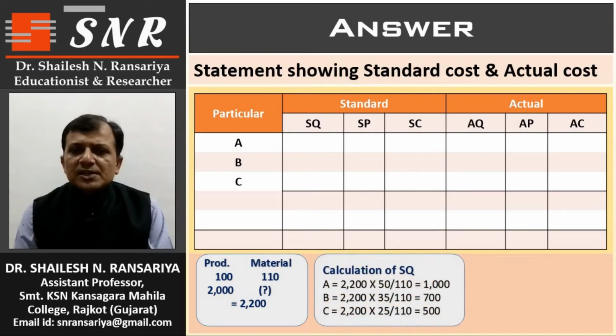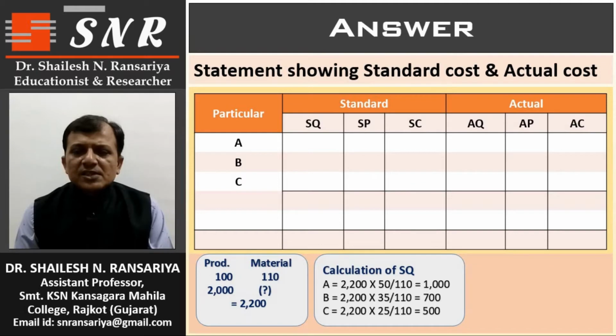Now we will calculate standard quantity for material A, B and C. For A, 2200 multiply 50 divided by 110, so it is 1000 kilograms. For B, 2200 multiply 35 divided by 110, so it is 700.